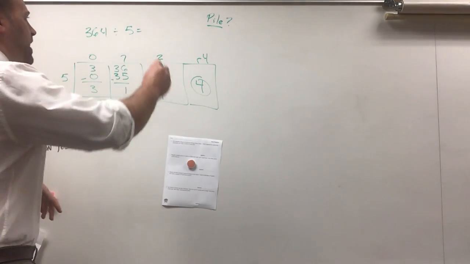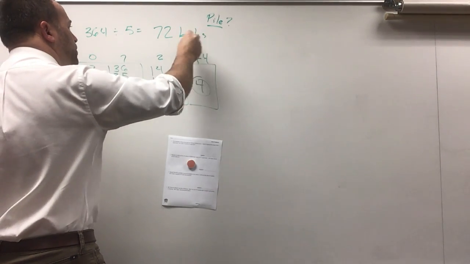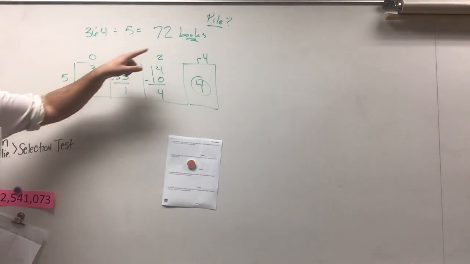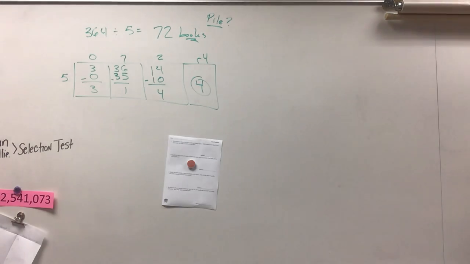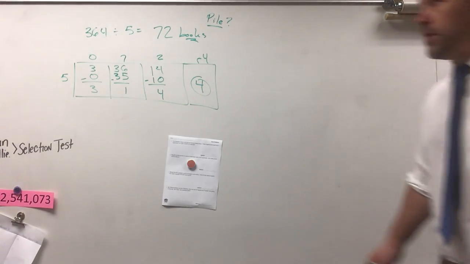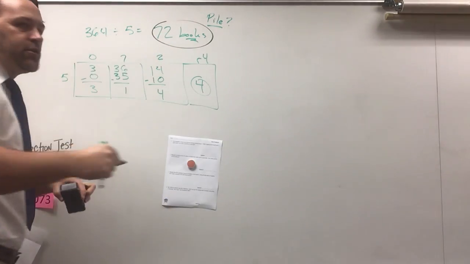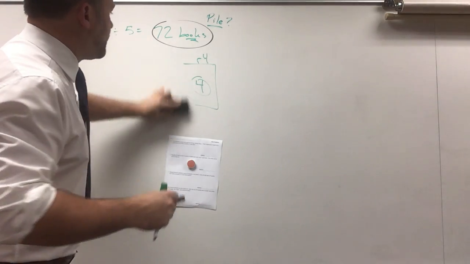So the answer is going to be 72 books. Make sure you put that "books" on there, okay? That's the part of the answer you want, not the remainder. So when you do that today, just circle your answer so I know what part you're going with, and jot it down for me.